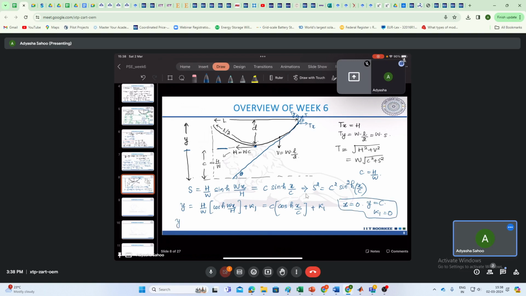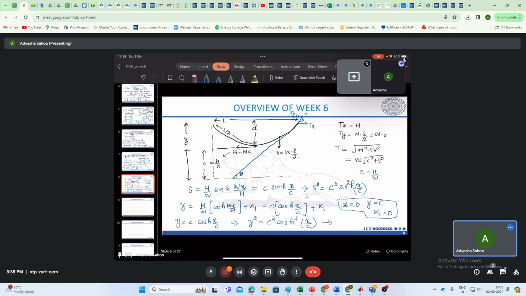So y is c cos hyperbolic x by c. And again squaring, you'll get y square equal to c square cos hyperbolic square x by c.